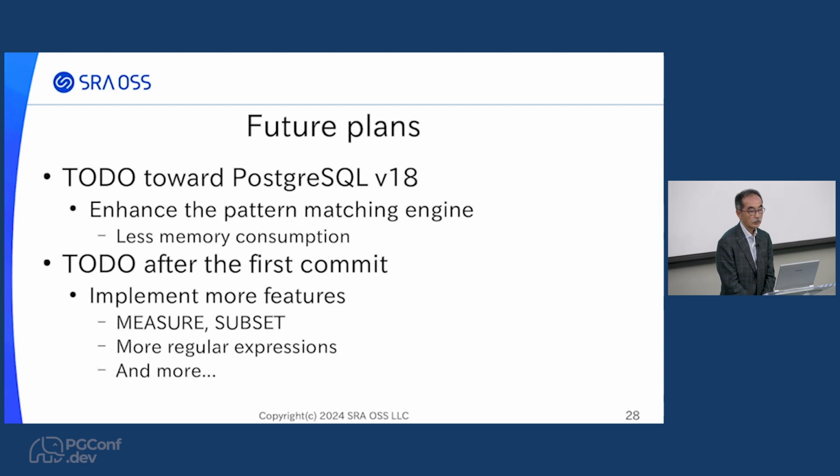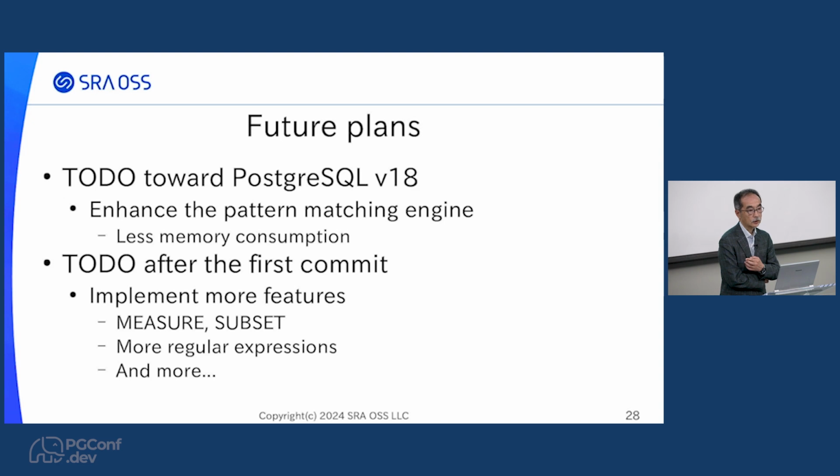And after this, I would like to implement the rest of the features specified by the standard, for example, the MEASURES clause and SUBSET clause, and more regular expressions. That is why I would like to separate the implementation into steps. In my opinion, the current patch already has enough functionality for many applications.